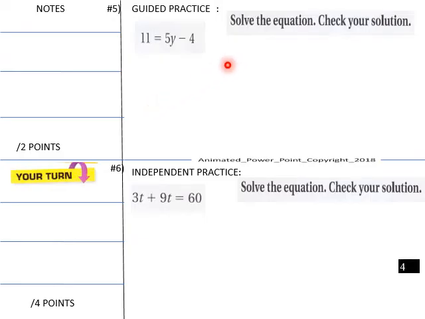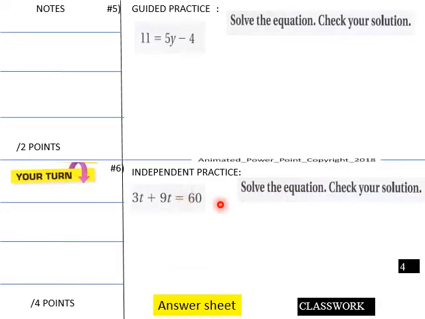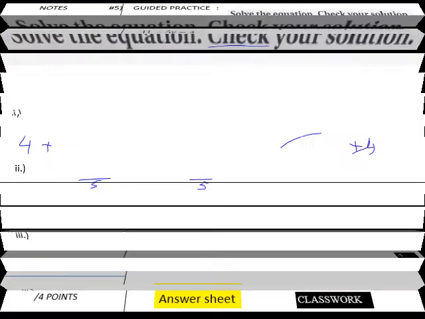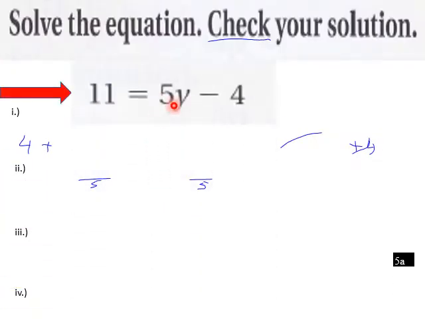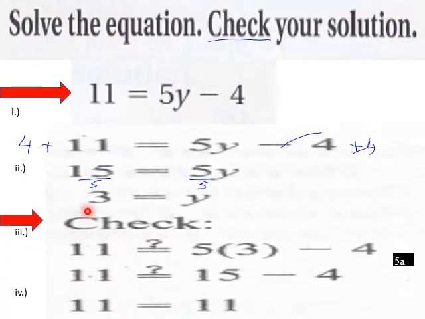And let's go into our guided here. Solve this equation, check the solution, solve and check. Same thing down here for you students, solve and check. Let's do our 11 equals 5y minus 4. We need to isolate our y, so we're going to add 4 to both sides. 11 plus 4, which is 15, equals 5y.